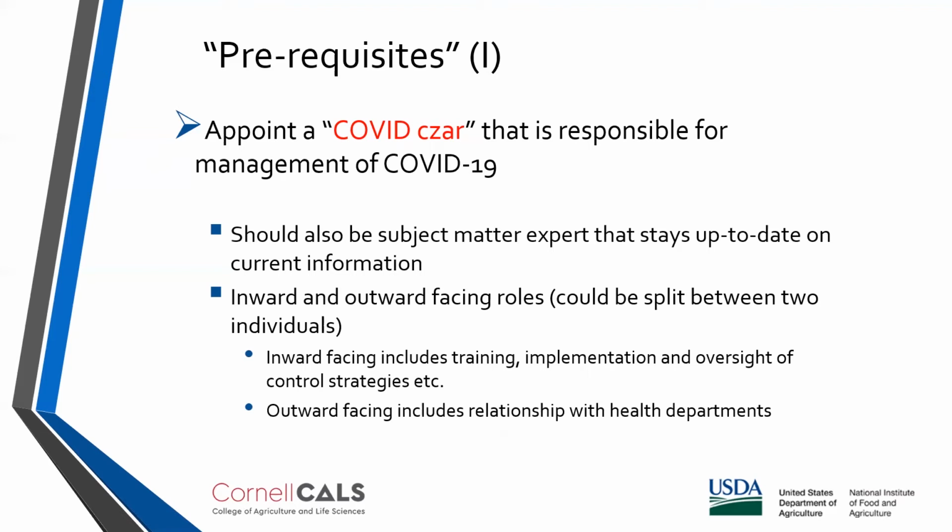This should be a subject matter expert that will take both inward and outward facing roles. Inward facing would include training, implementation, and oversight of control strategies. Today in the US, this would also be the person that can answer questions about vaccination and will assure vaccination training. Outward facing roles would include relationships with health departments, OSHA, CDC, etc.